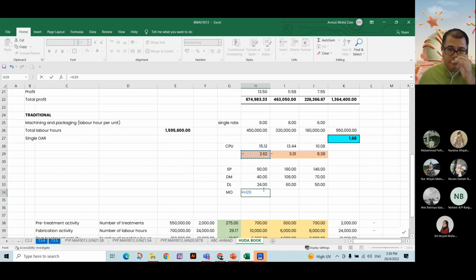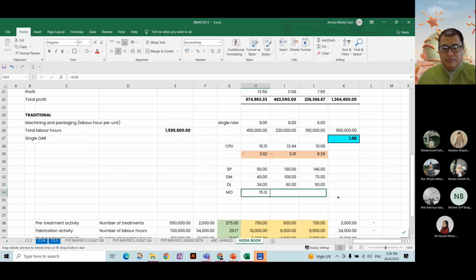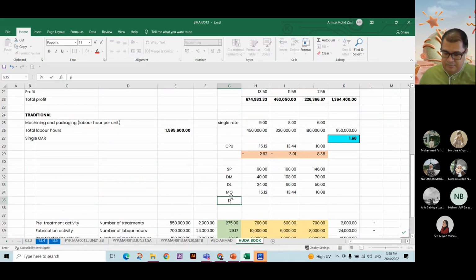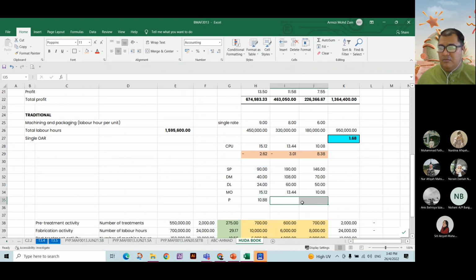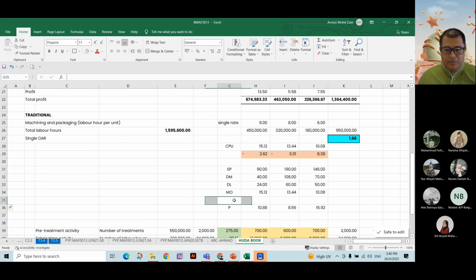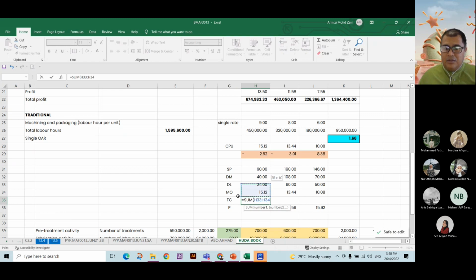Manufacturing overhead dia. So profit dia ni tolak ni, tolak ni. Ataupun total cost dia ni equal to this one tambah 3 ni.